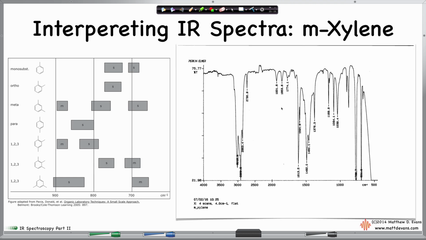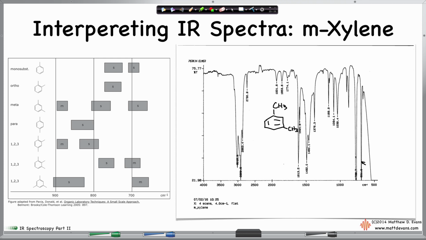Metaxylene. I guess I've just duplicated everything I've already done previously, but here we go again. It's nice to have this chart right to the side, so it makes it a lot easier to look at these things. So once again, here's metaxylene, CH3, CH3. This is a disubstituted compound, and more specifically, it's 1,3 disubstituted, and we should expect to see this pattern right here: strong, strong, right about 700.